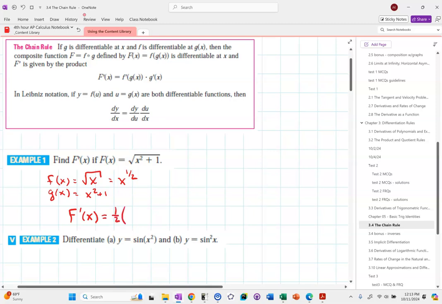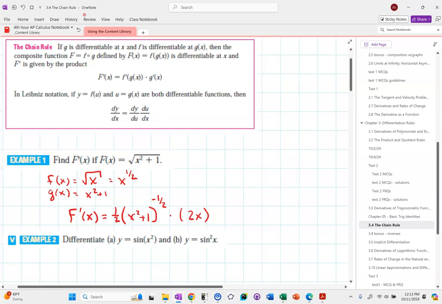But it's not really x. It's the f prime of g of x, right? So I just take the derivative of the outside. The inside stays the same. And then I have times the derivative of the inside, which is 2x.